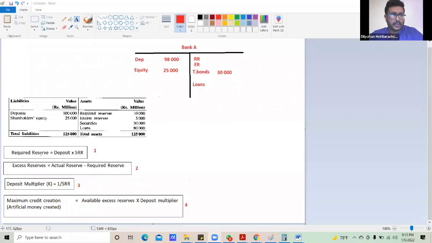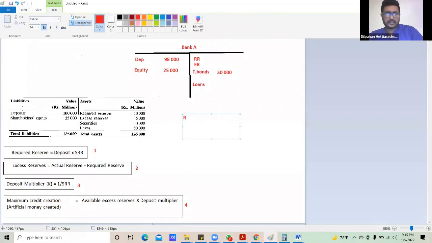First calculation, required reserves equals deposits into SRR. So required reserves equals deposits, how much? 98,000 into SRR, how much? 10%. So what's the answer? 9,800.